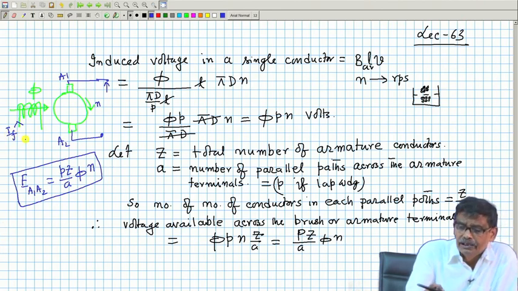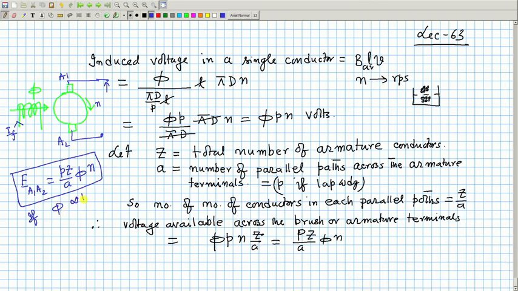If phi is proportional to IF, which will be at least in the linear zone of the BH curve, then the generated voltage A1 A2 can also be written, see, Pz by A is a constant of the machine.